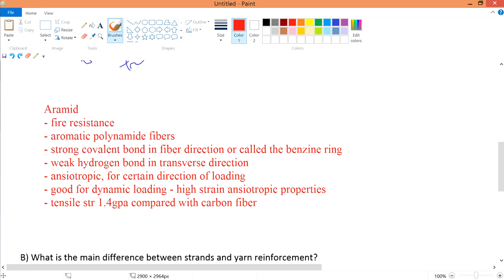So it's good for dynamic loading, meaning moving loads, or fatigue, materials that constantly experience fatigue or loadings moving all around. So it's a high strain anisotropic material property.